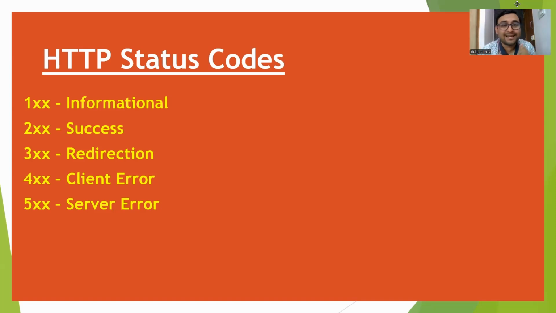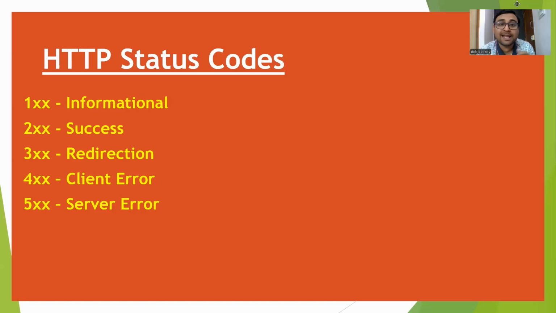Then comes the 4xx type, which is client error. Let's suppose the client is trying to request a particular URL which doesn't exist. Let's suppose a URL is there, 8081 port slash student slash ID, and the client side is passing something like 105, or some other type of URL which is not present in the controller layer, and the client wants to know the response of that.